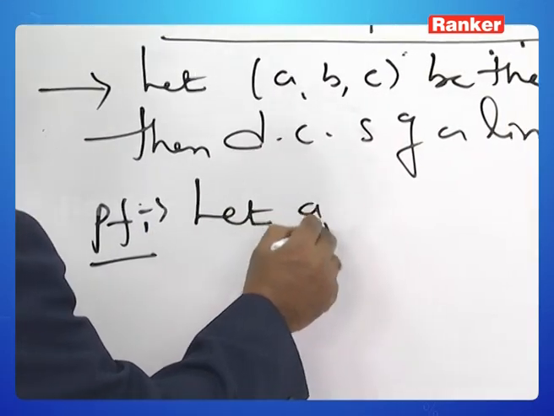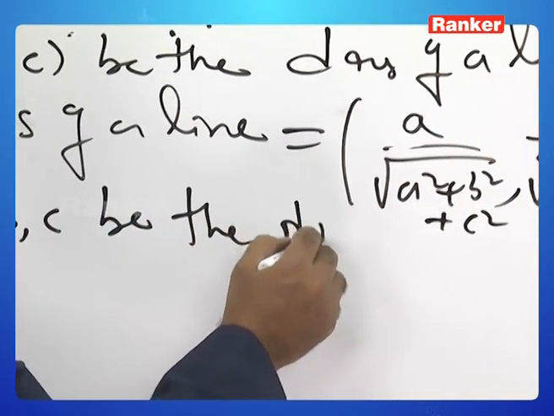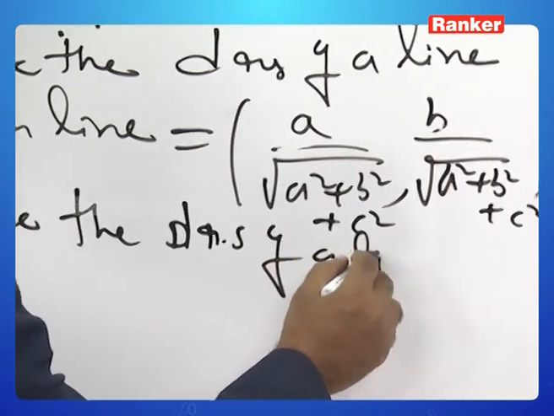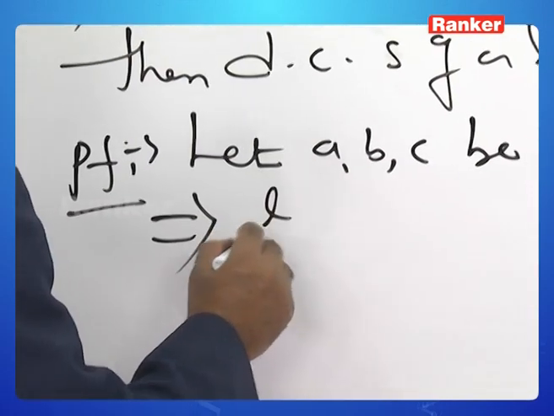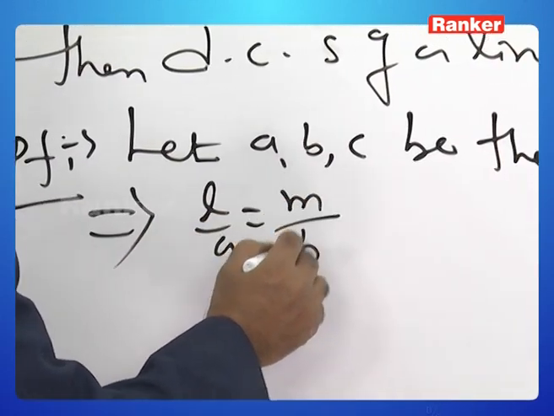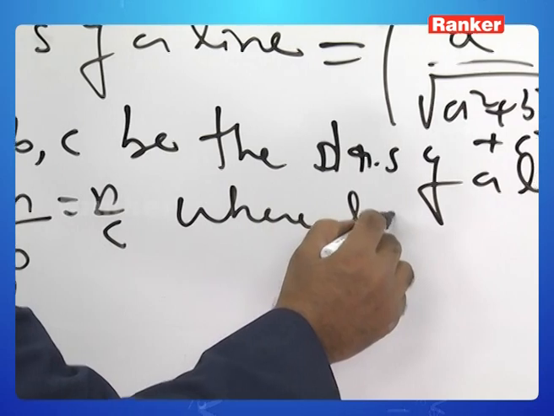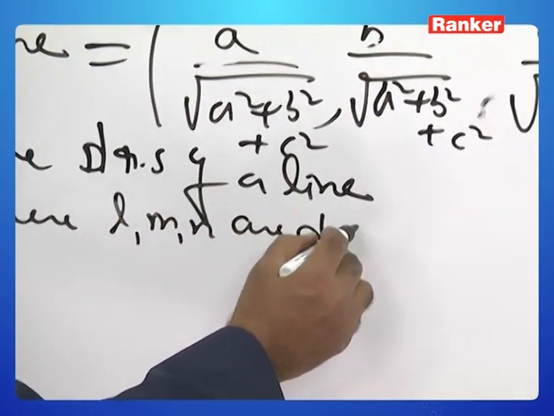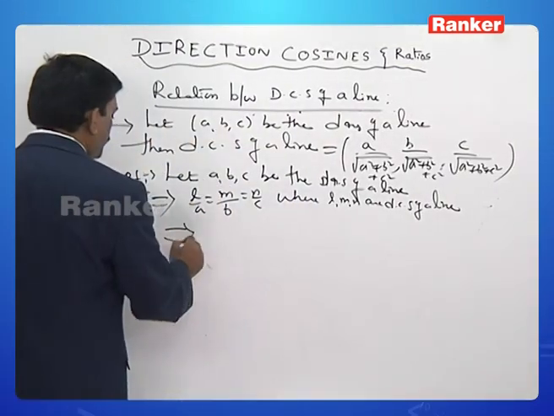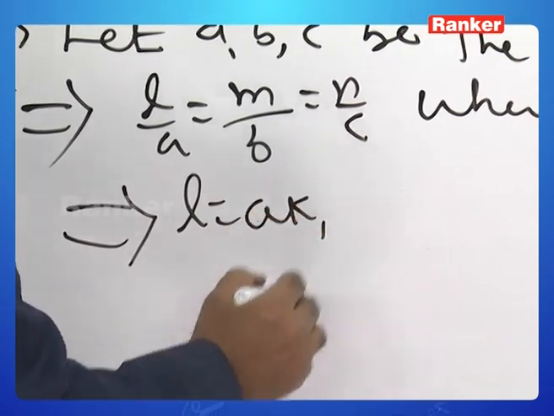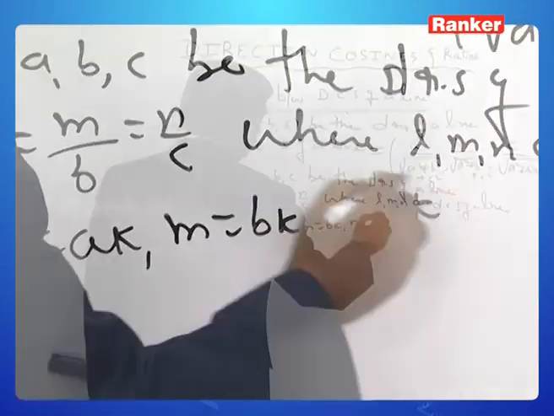Let A, B, C be the DRs of a line, which implies L by A is equal to M by B is equal to N by C. Now where L, M, N are DCs of the same line, which implies L is equal to AK, M is equal to BK, N is equal to CK.